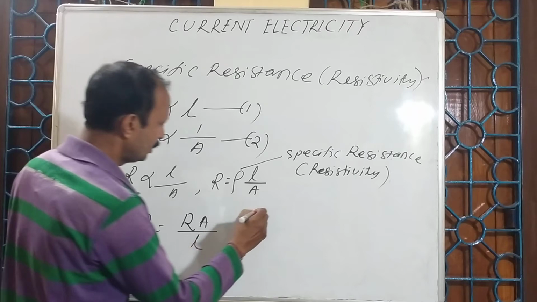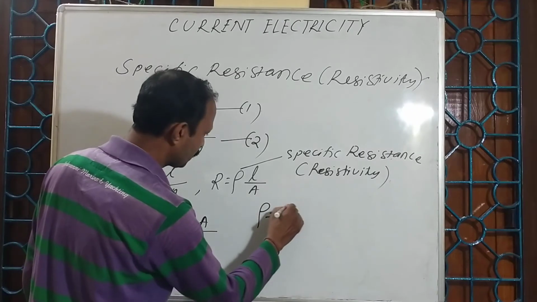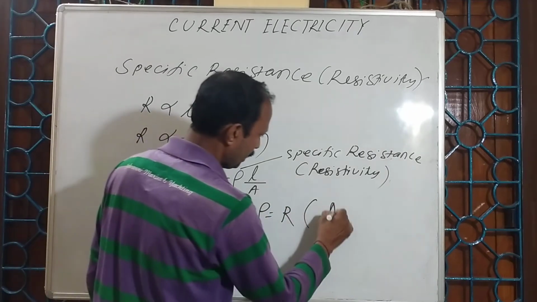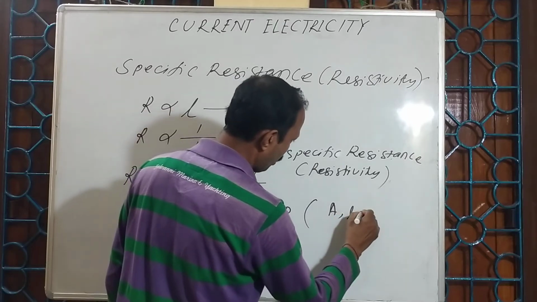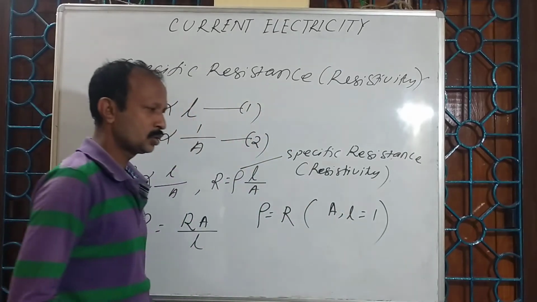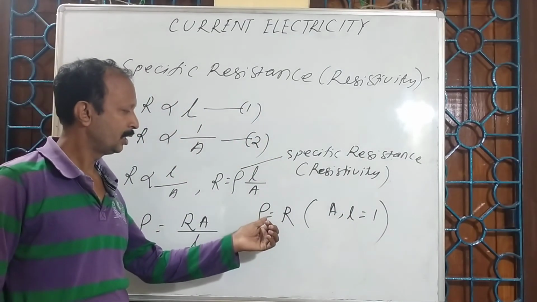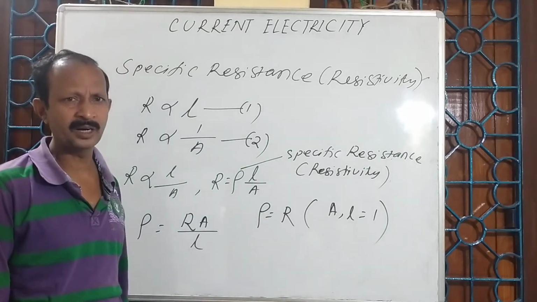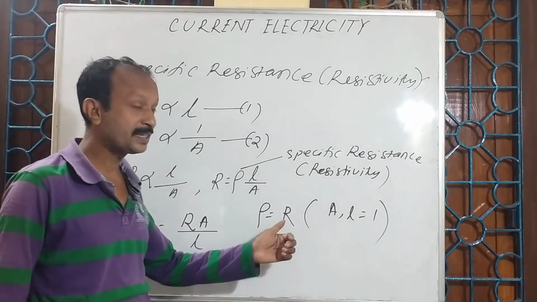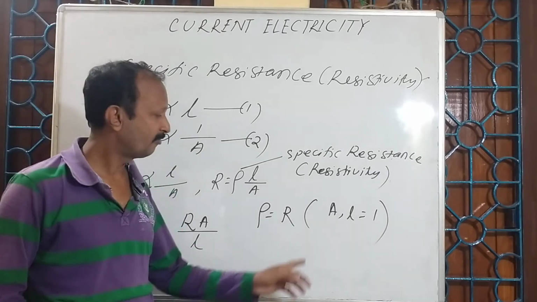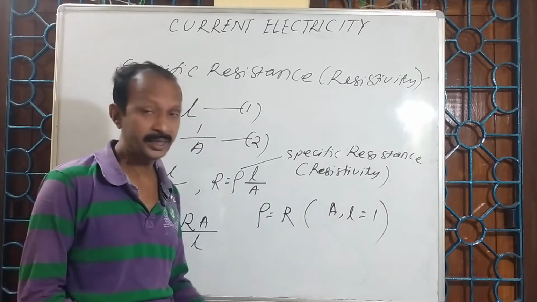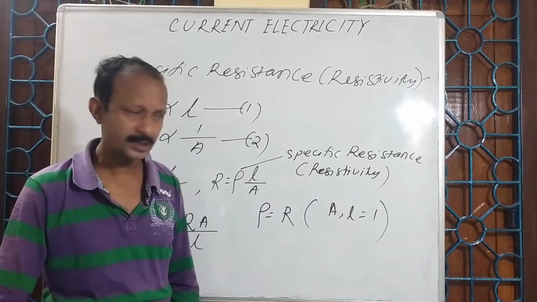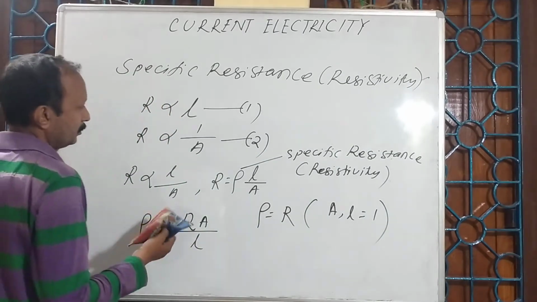In this case, rho is equal to R if A is 1. So I can say that the specific resistance or resistivity of a conductor is equal to its resistance of unit length and unit area of cross section.